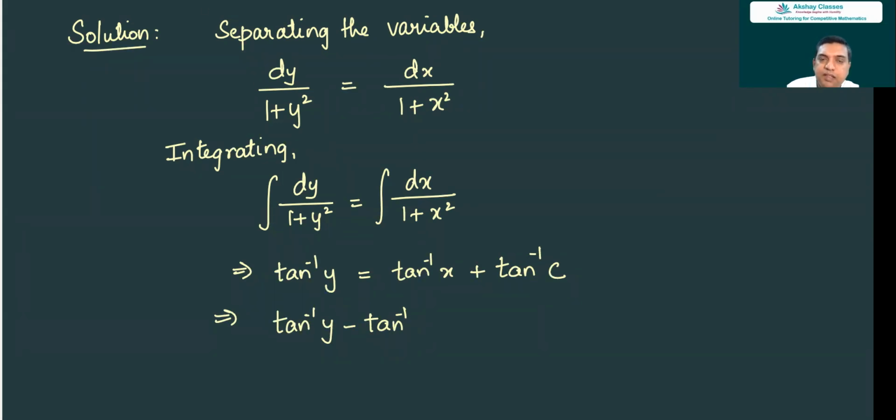If we want to write y explicitly in terms of x, then we can write this as tan inverse of x plus c by 1 minus x times c.